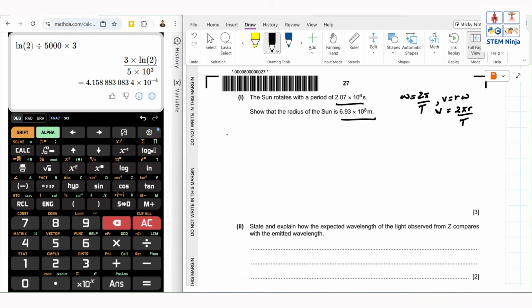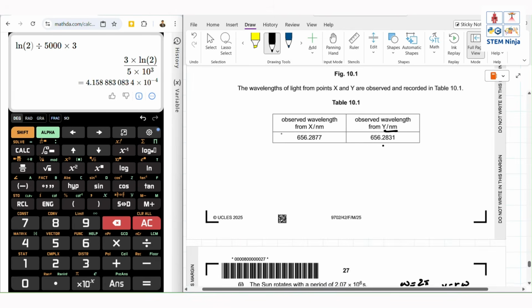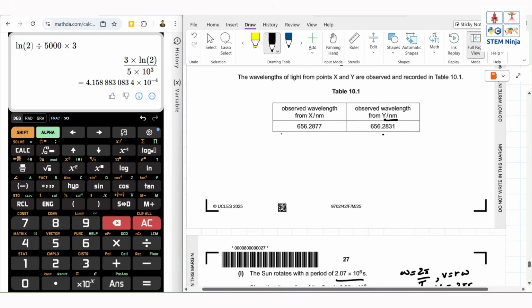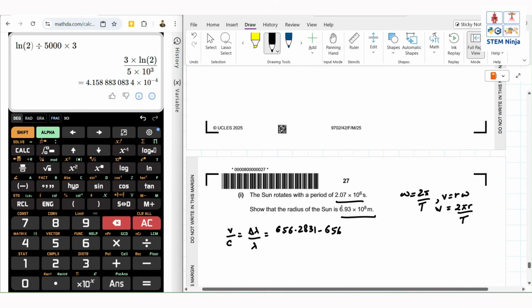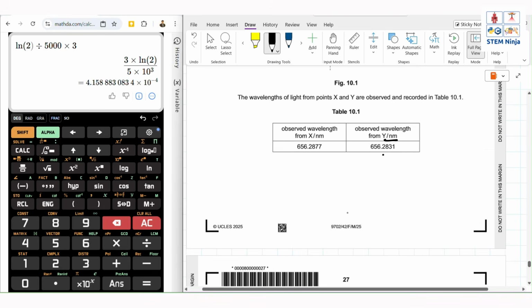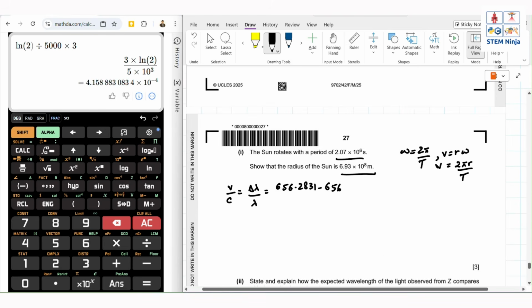So v over c is equal to the change in wavelength over wavelength. So we have 656.2831 minus 656.2877. Oh wait, sorry, my bad, it's the other way around.